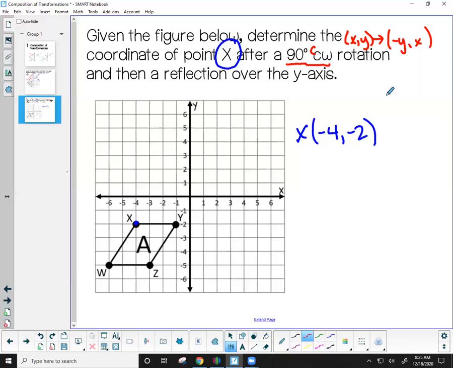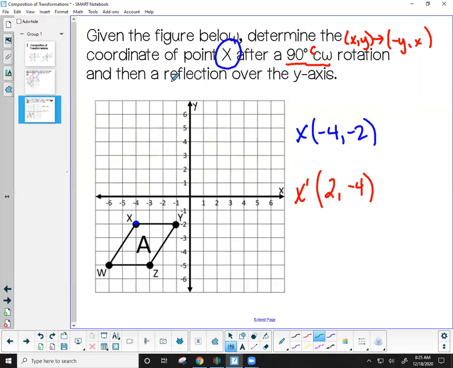And if you didn't remember that, remember you have that cheat sheet, right? So I need (-y, x). When I rotate it, my -y becomes +2. And then I just list my x term, so -4. X prime would be at (2, -4).